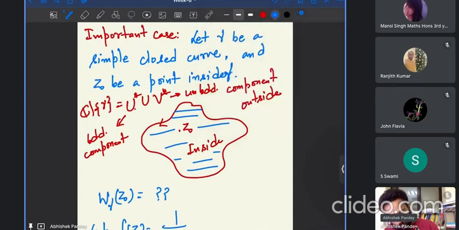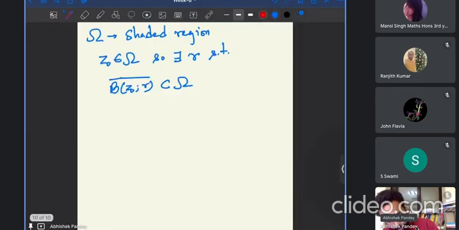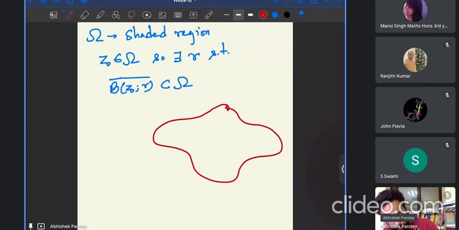okay, so I will draw another picture. This is the shaded region, and this is the point z naught. This is the curve gamma.